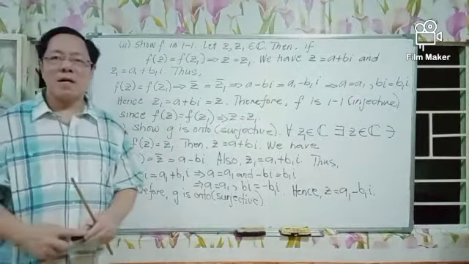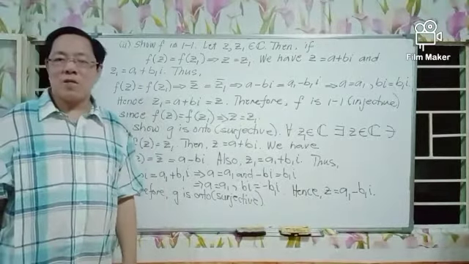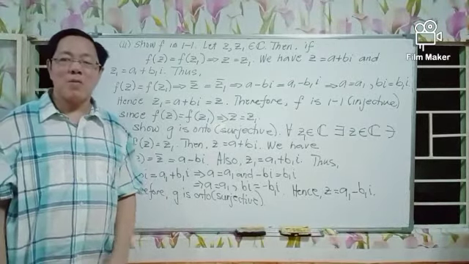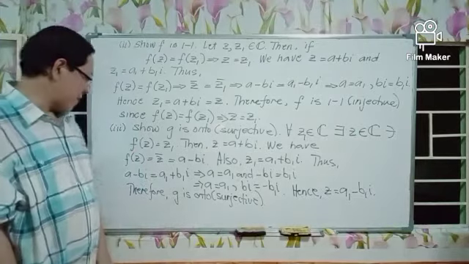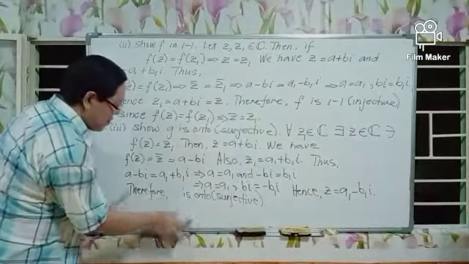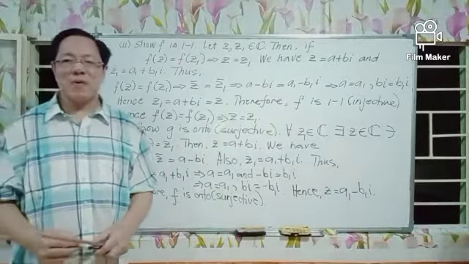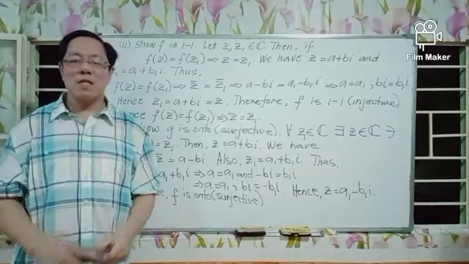And combining the results in parts 2 and 3, we have shown that the function is f. We have shown in part 2 that the function f is 1-1, or is an injection.